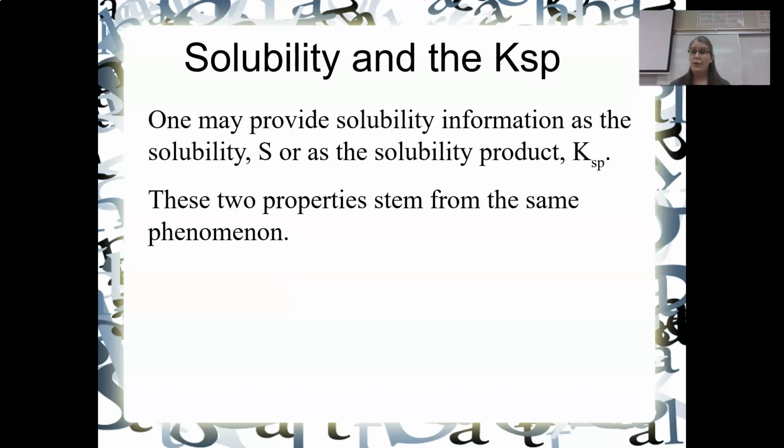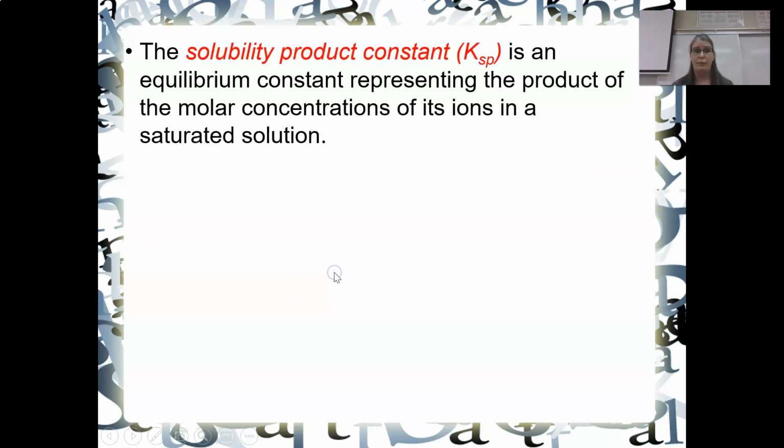So we could get some solubility information in one of two forms. We could just get it directly as the solubility, the grams per liter or moles per liter at equilibrium. Or we might get the solubility product, what we call KSP. And both of those are coming from the equilibrium concentration.